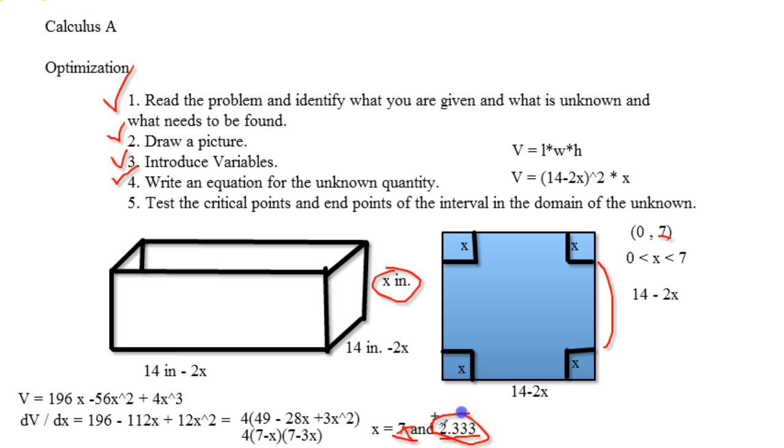What I'm going to do is not plug this back into the derivative, but plug it in for the x parts and find out what the actual volume will be. That volume is going to be 203.26 inches cubed. That one's pretty simple to find. I'm also finding that x is going to be 2 1/3 of an inch, which is what I'm going to cut off.